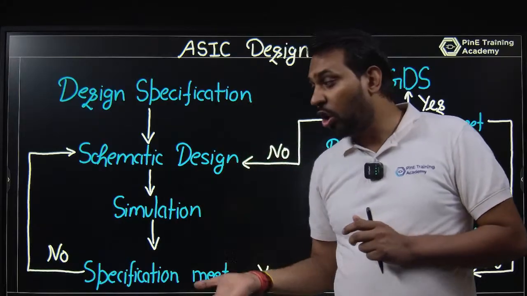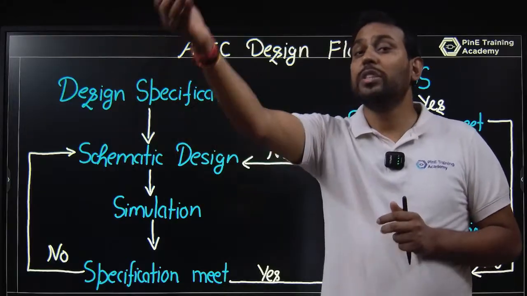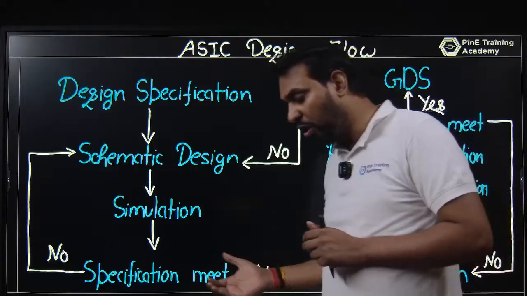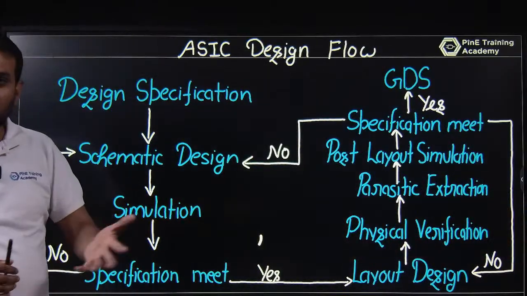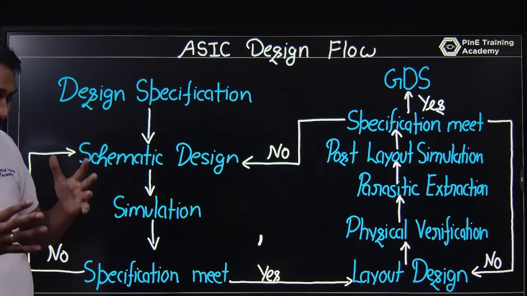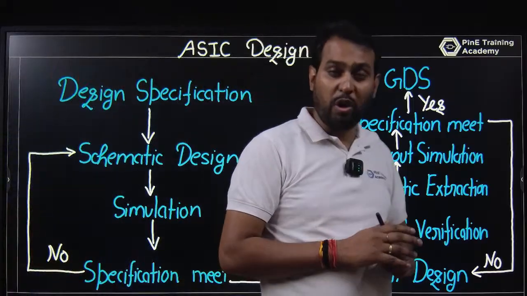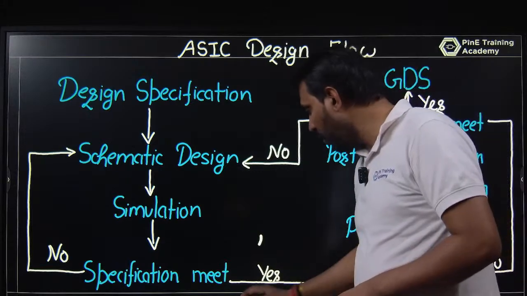Semi-custom means you are using existing layouts for your conversion from circuit to layout. So semi-custom is good for market purposes, but for medical or defense purposes we always prefer a full custom layout. That is how you can understand it.